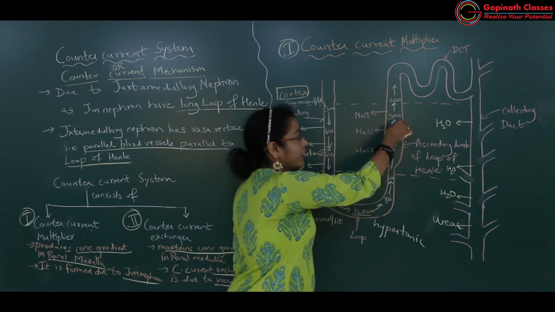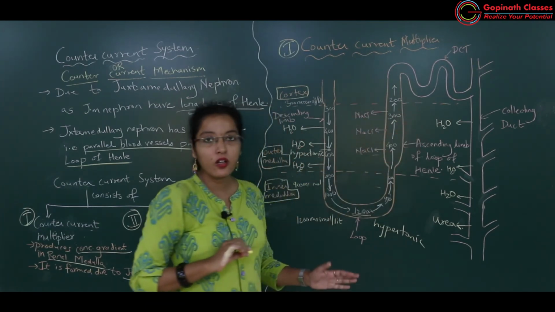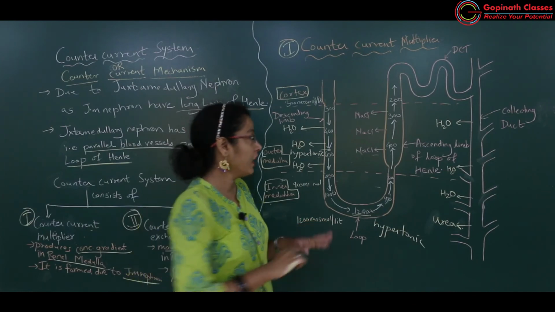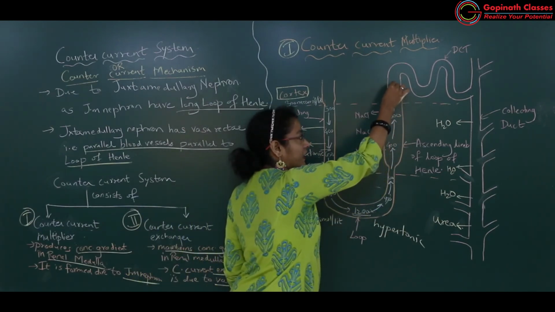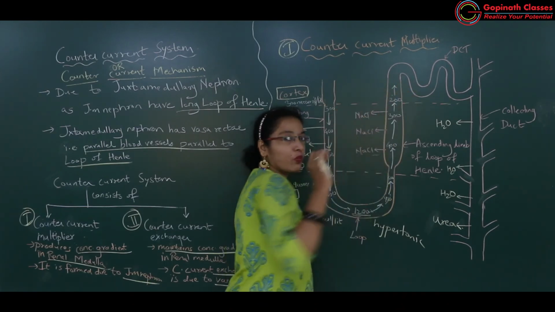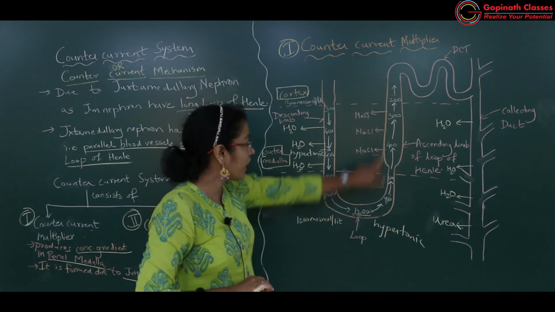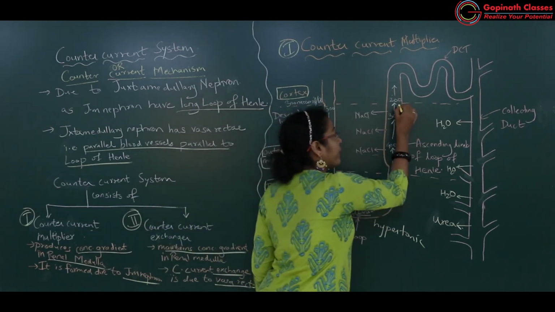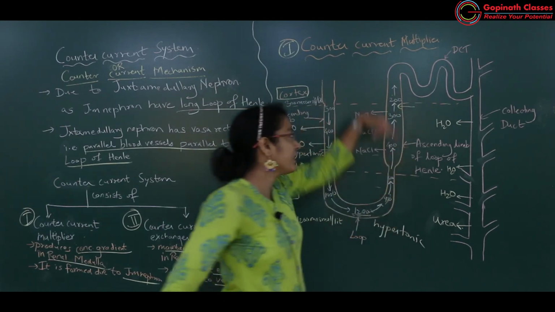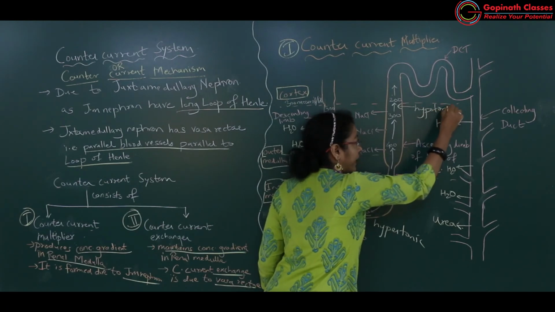Okay, 300 means here again same as that of the blood osmolarity, and when the nephric filtrate is entering the DCT, osmolarity has decreased a lot. यहाँ पे 1200 था, यहाँ पे 200 आ गया. That means the nephric filtrate entering the DCT is hypotonic.